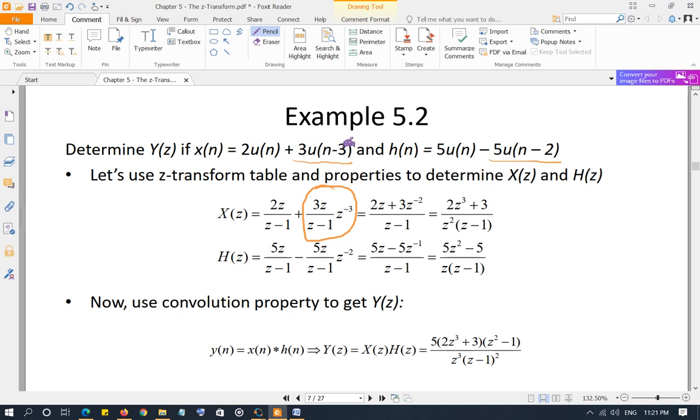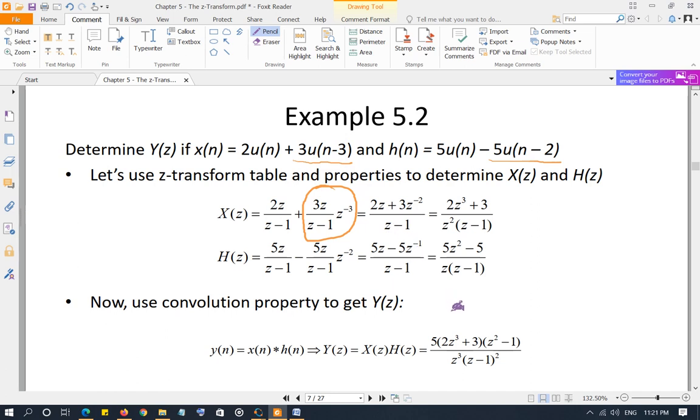3 u n minus 3 becomes 3 times Z transform of u of n times z to the power negative 3. So Z transform of u of n is z over z minus 1, and then z to the power negative 3.